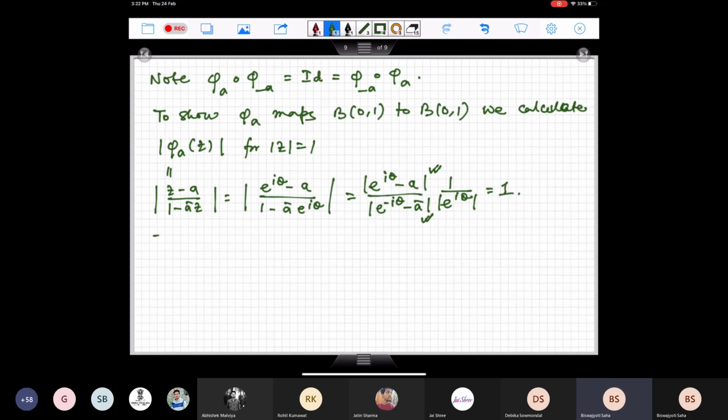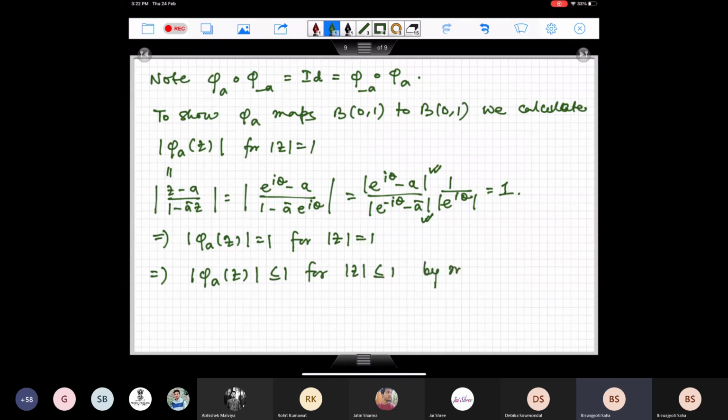So this implies mod of phi a of z is equal to 1 for mod z equal to 1. This implies phi a of z is less than or equal to 1 for mod z less than or equal to 1, and that is by a corollary of the max mod principle.